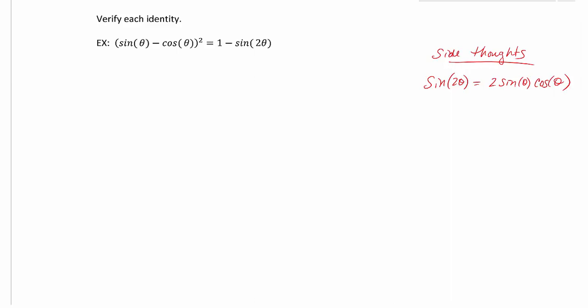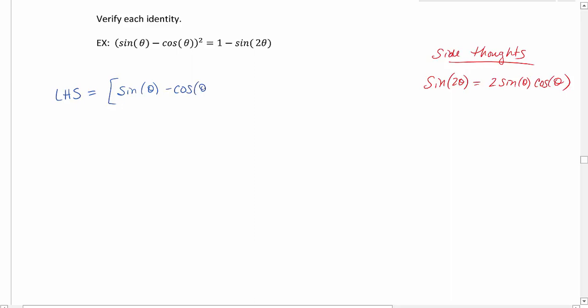Let's take this binomial, write it twice, and multiply it out. See if we get something that ends up looking like 2 sine cosine, and then we can substitute sine of 2 theta in for it. So writing our left-hand side twice, and now we'll multiply it out.